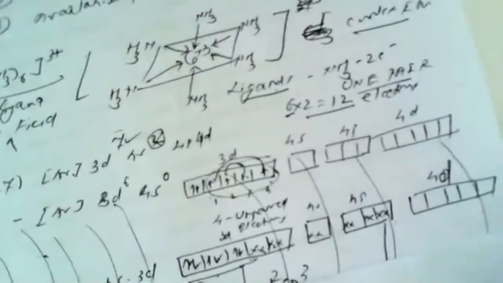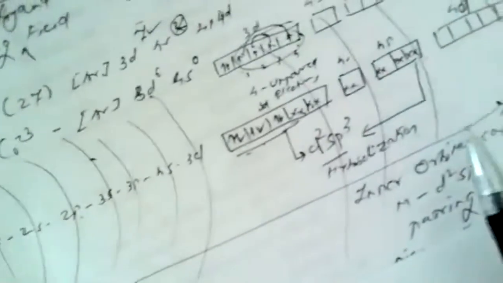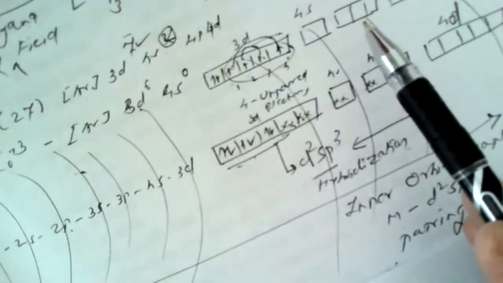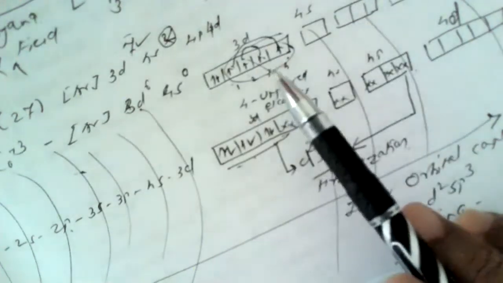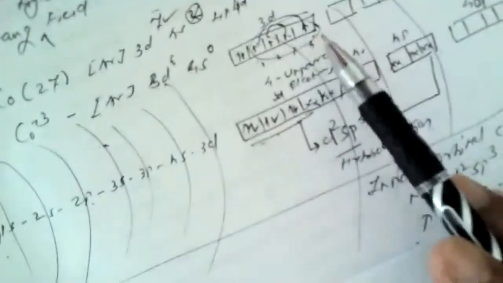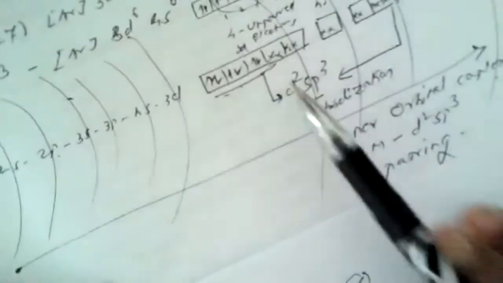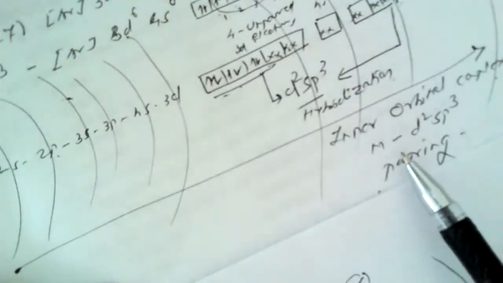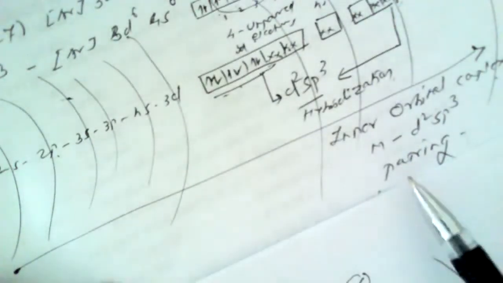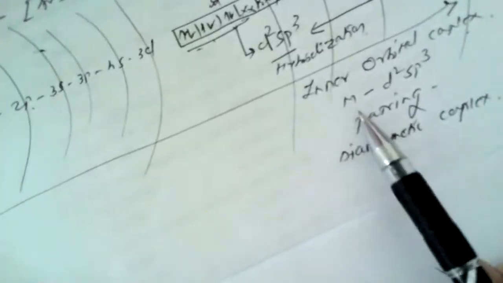Here, the inner orbital octahedral complex is formed on account of strong ligands. Strong ligands do not permit the unpaired electrons to remain unpaired and force those electrons to pair off, which reduces the number of unpaired electrons, and such a complex is diamagnetic.